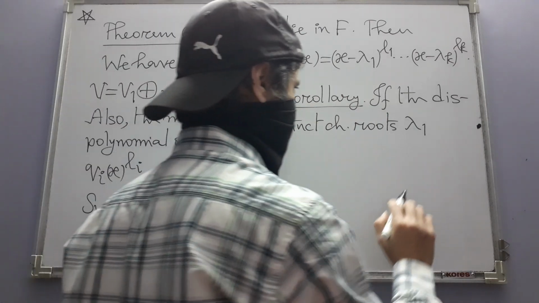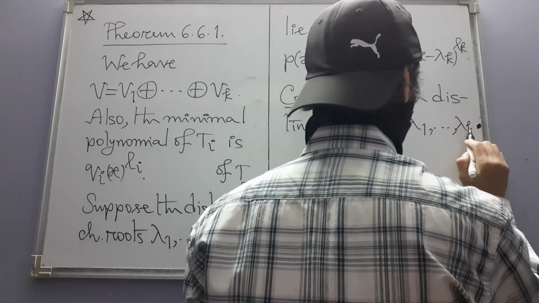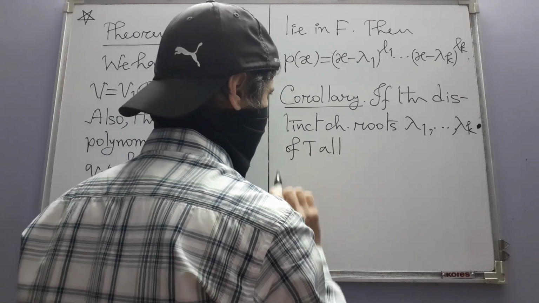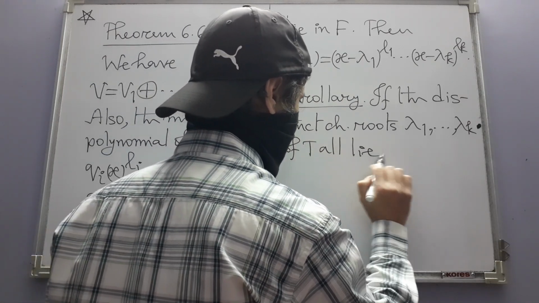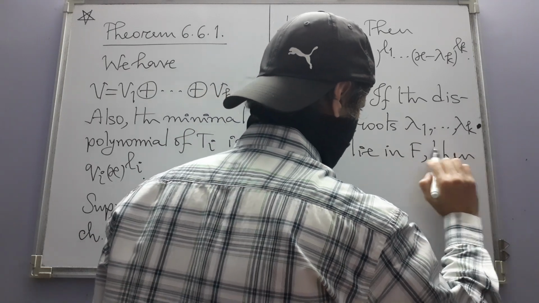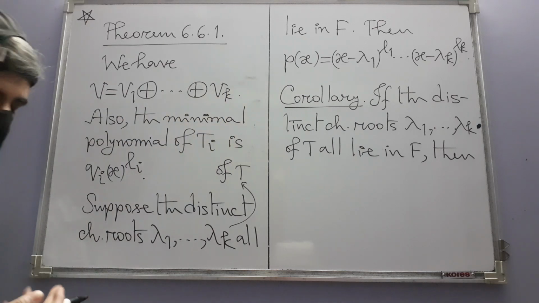Here, however, we have to write it properly: lambda_1 up to lambda_k of T all lie in F. Then this fact of course remains the same.